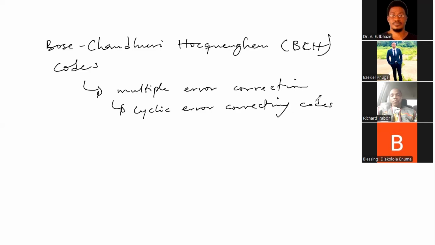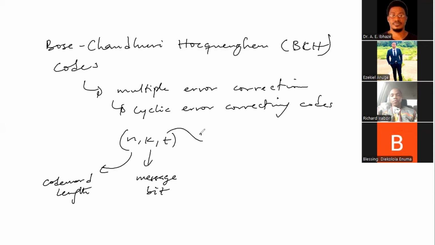So cyclic codes are a special type of block codes, which we are also going to talk about shortly. So when we want to define the BCH codes, we not only specify the block length and the message bits, we also specify the error correcting capability, where N is the code word length, K is the message length, and T is the number of errors that can be corrected.